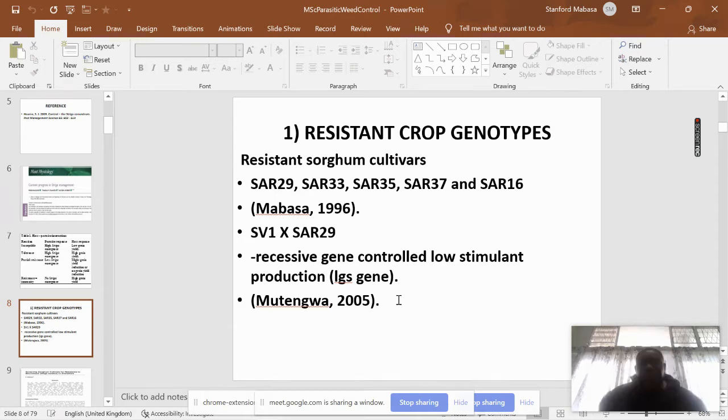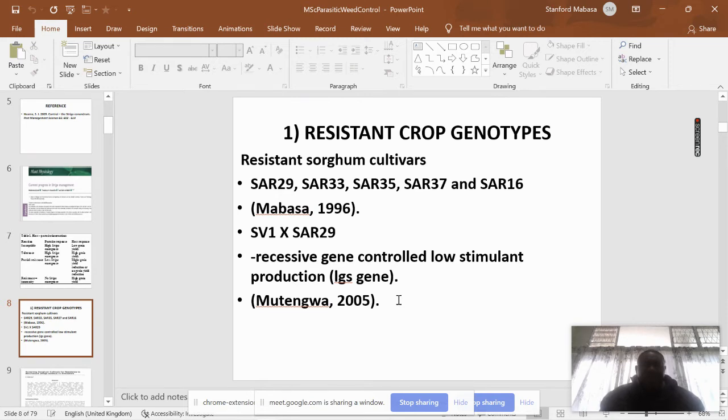So if we are controlling striga, we need to have crop genotypes which can at least give us some yields. We now know that in sorghum, we have resistant sorghum cultivars.